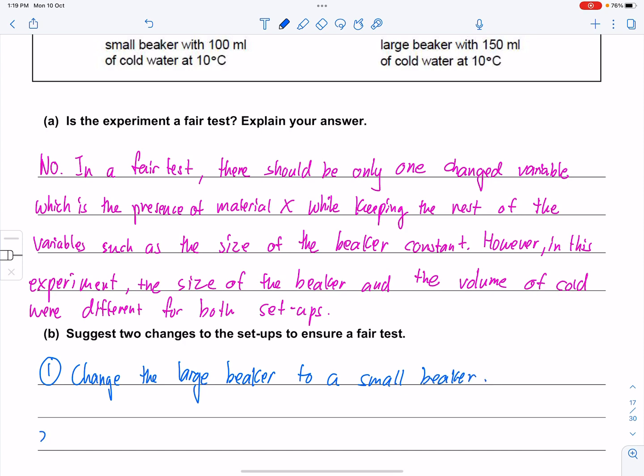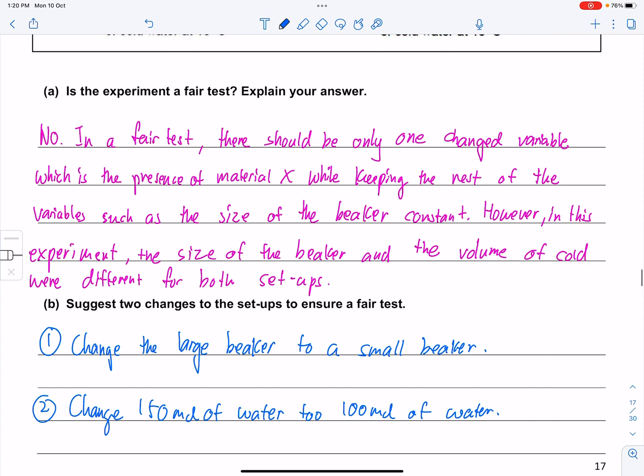The second one would be to change 150 ml of water to 100 ml. The key idea here is to get both sides to be the same.